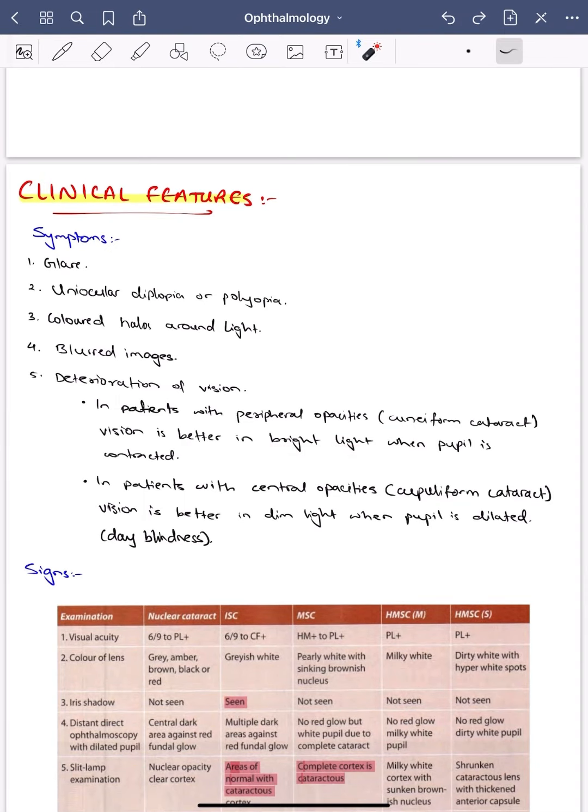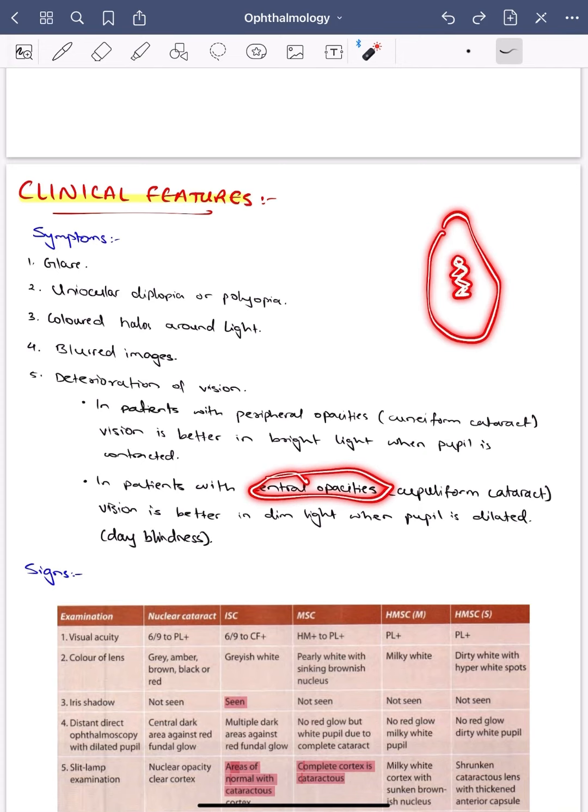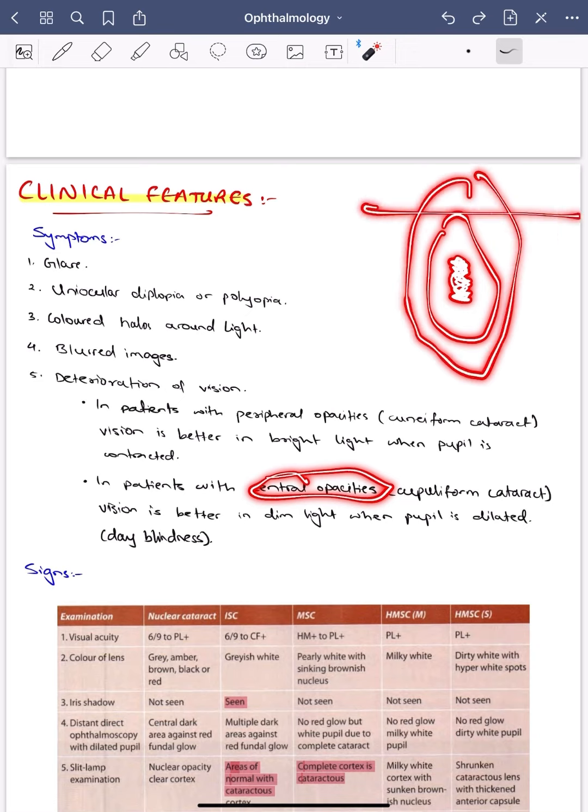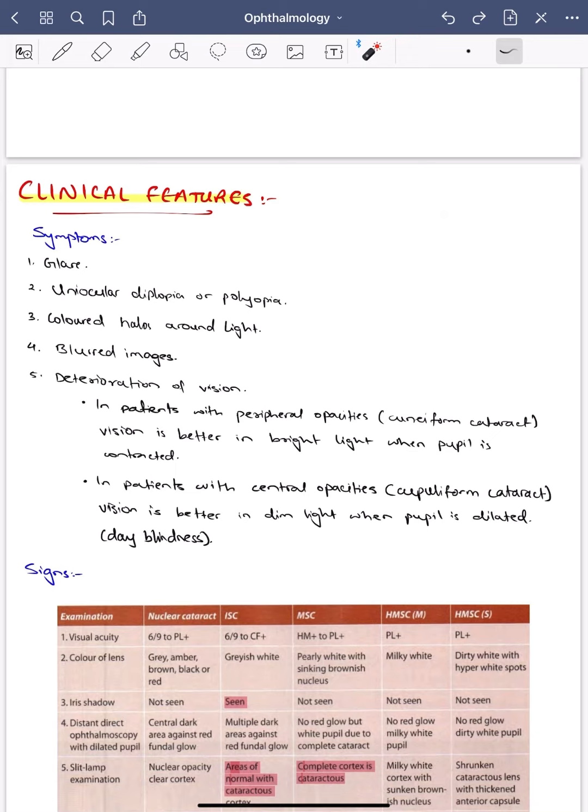In patients with central opacities, the opacity is in the center, and if the pupil is dilated, more light can pass, and hence vision will be better. The patient will say the vision is better in dim light, and during the day the patient has blindness, and this is known as day blindness. So this is the difference in deterioration of vision in patients with peripheral opacities and central opacities.